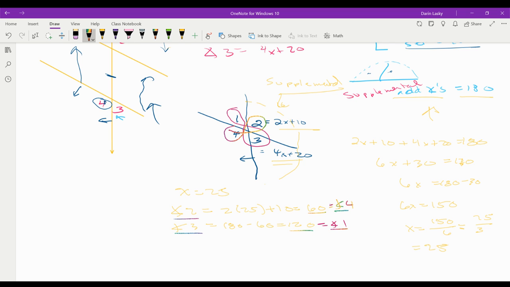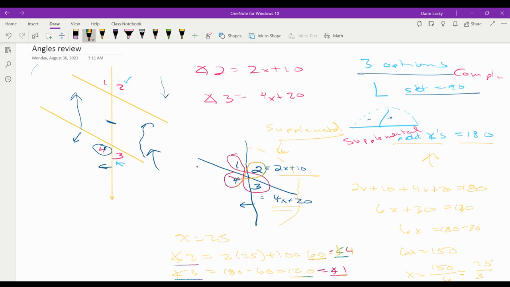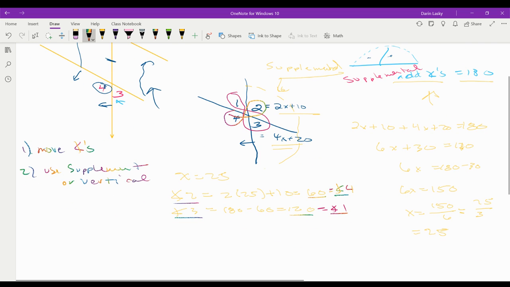Just remember, we got three steps. Step 1, move angles. Step 2, use supplementary or vertical or complementary.